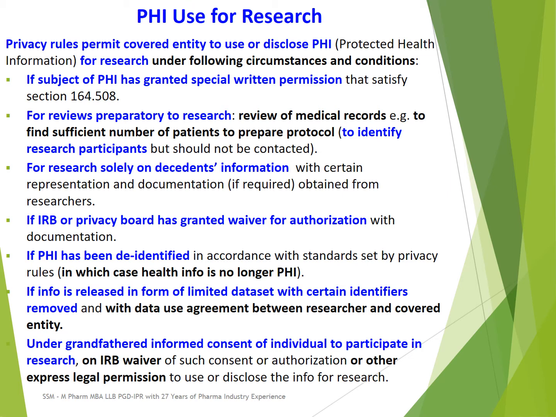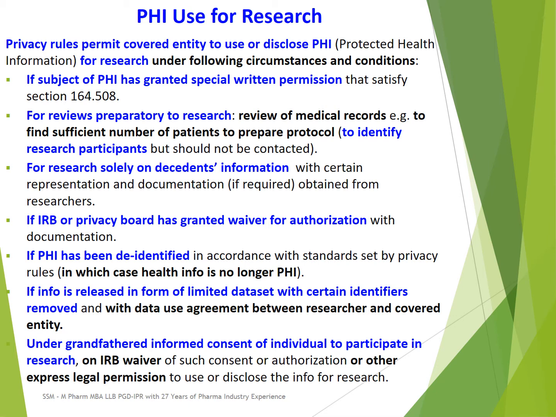Second, for review preparatory to research, for example, review of medical records to find a sufficient number of participants in the clinical trial, that is, to identify the research participants, but the participants should not be contacted. Next is for research solely on decedents' information with certain representation and documentation obtained from researchers.